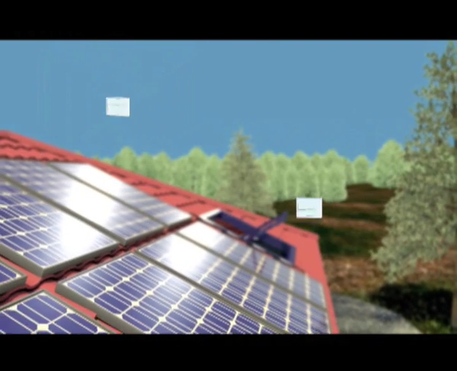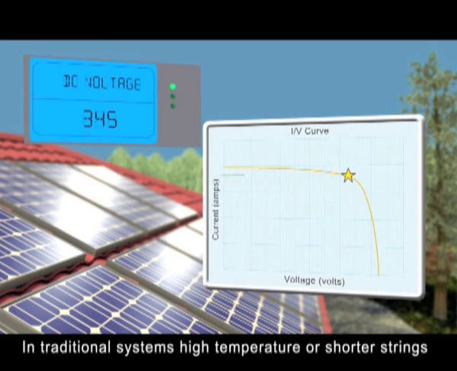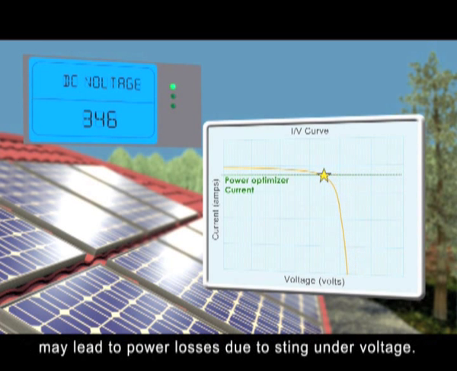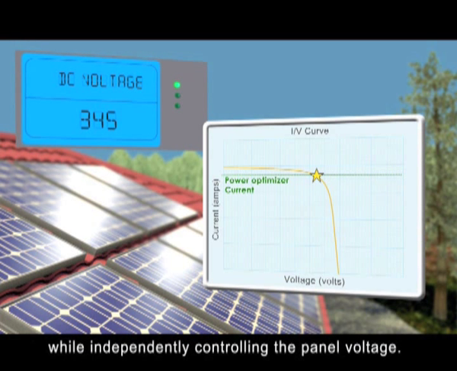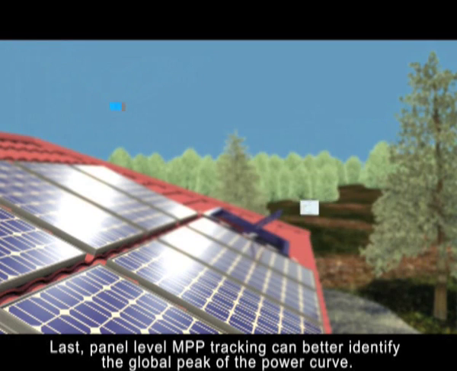In traditional systems, high temperature or shorter strings may lead to power losses due to string undervoltage. Blueline MI solar systems prevent this loss by maintaining string voltage fixed at the optimal DC to AC conversion point, while independently controlling the panel voltage.